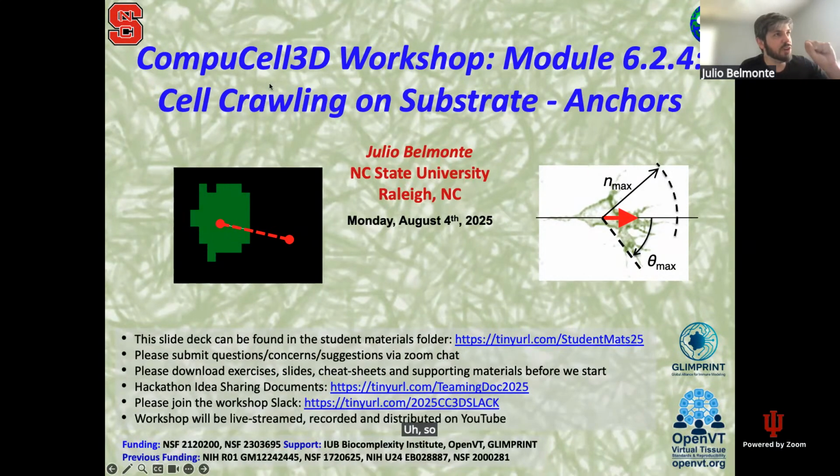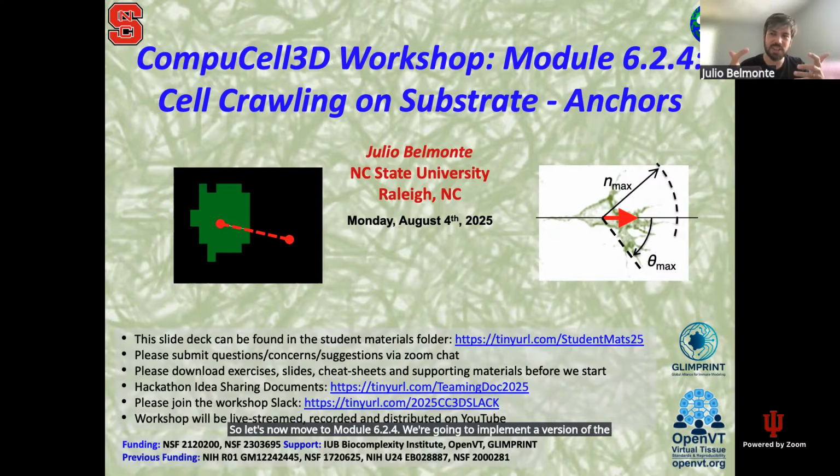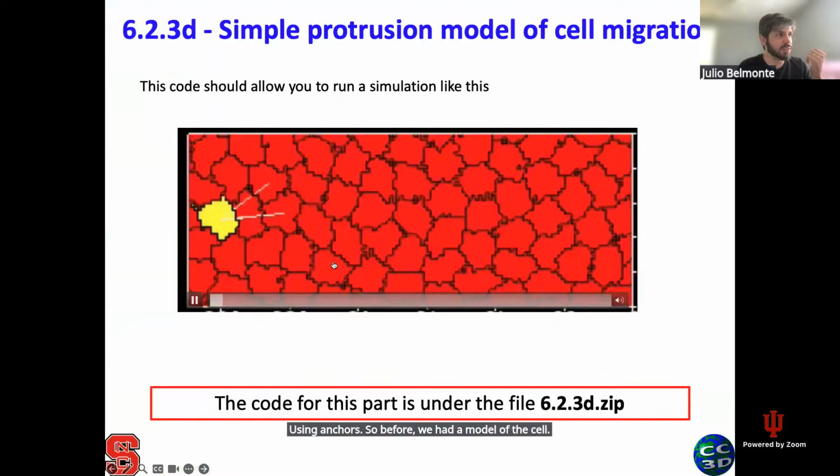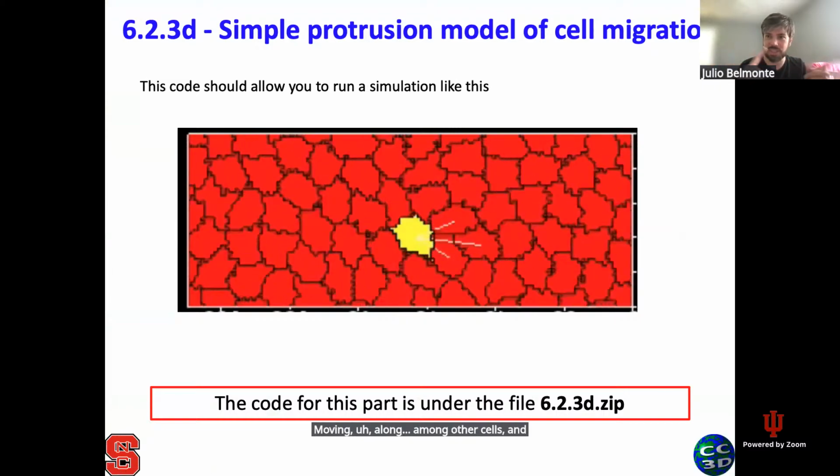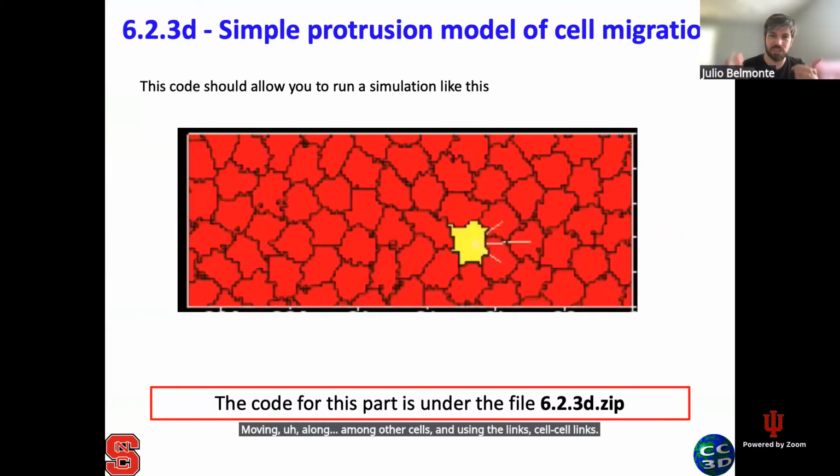So we're now moving on to module 6.2.4. We're going to implement a version of cell crawling on a substrate using anchors. Before, we had a model of the cell moving among other cells and using cell links to push itself forward.